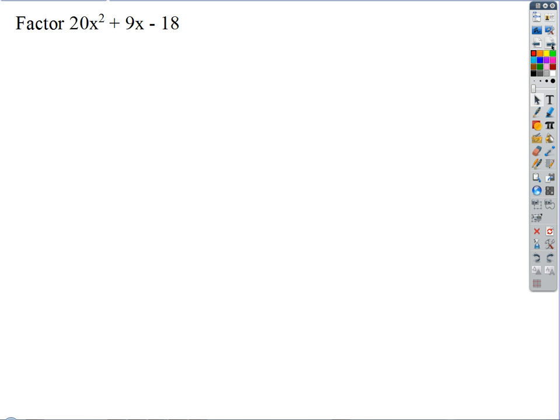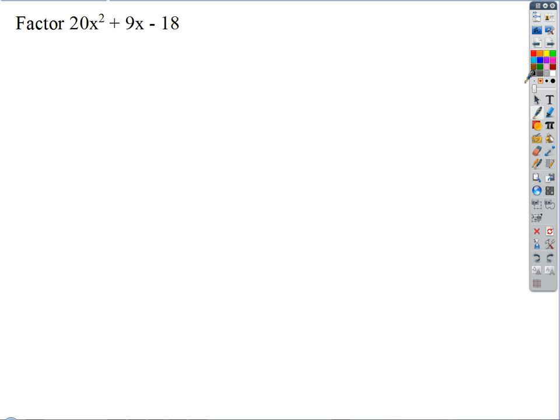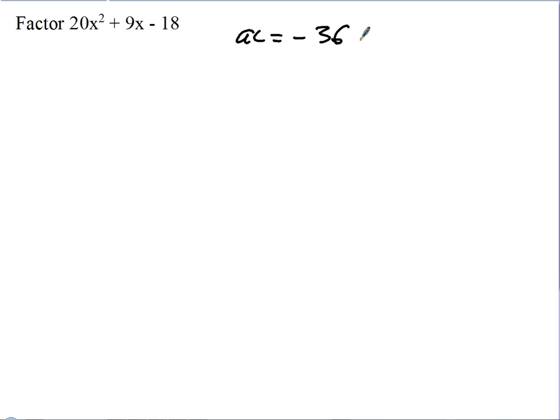If I'm going to try to factor this, a times c, 20 times negative 18, is negative 360. Now I want you to think about this for a second. I want to find numbers that multiply to negative 360 and add to positive 9, right?